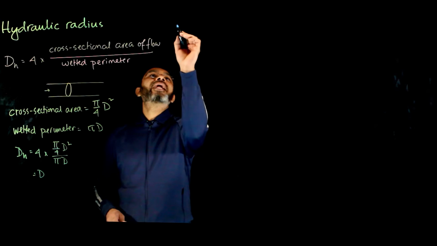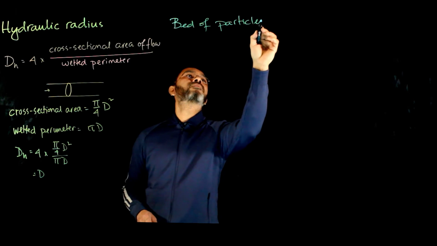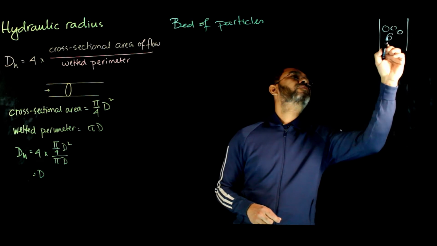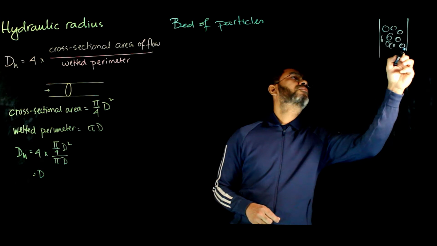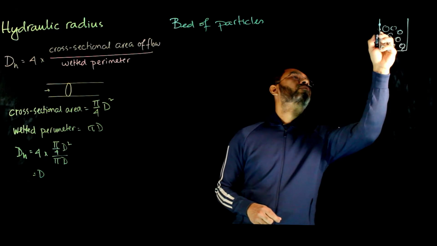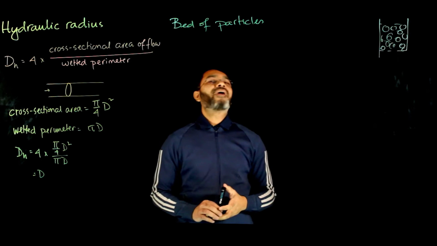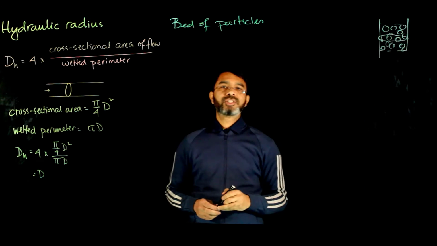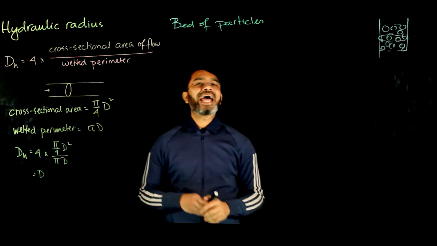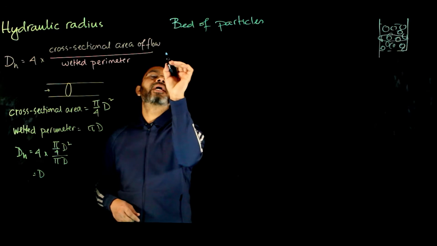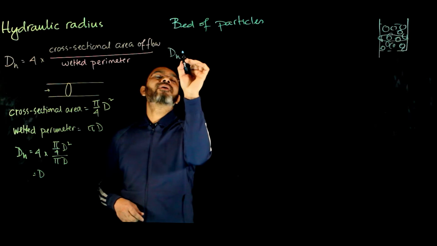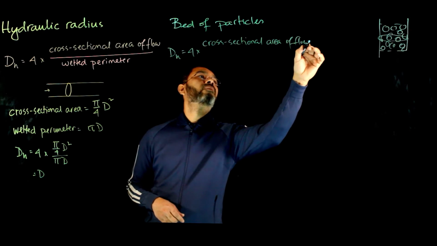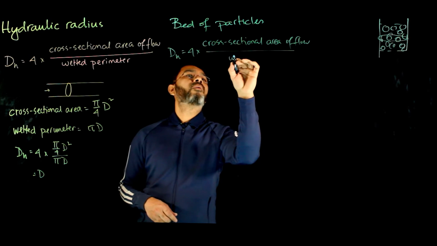Now for a bed of particles, if you have a fluidized bed, finding the cross-sectional area for flow becomes a little bit challenging. So instead of doing that, here we'll use the relation dH equals 4 times the cross-sectional area over the weighted perimeter.